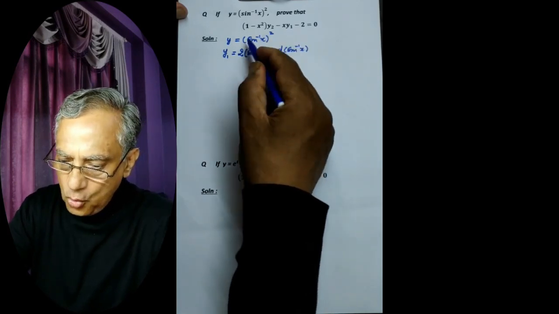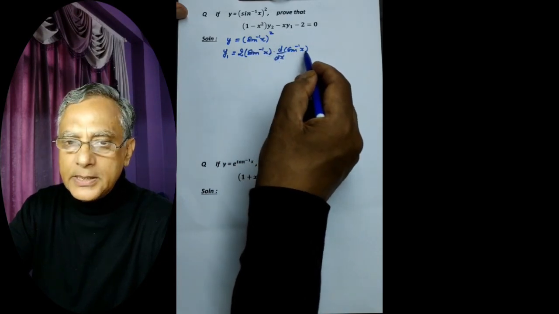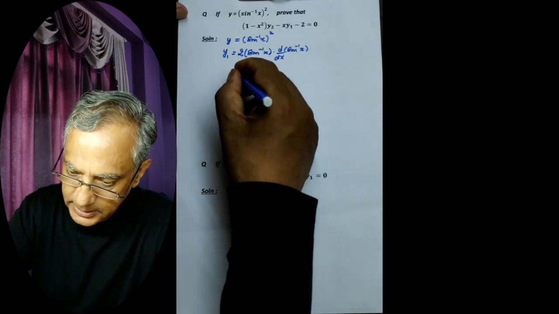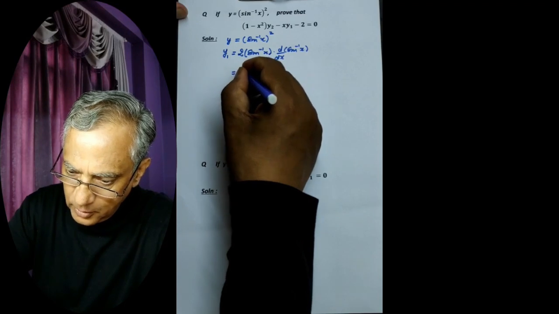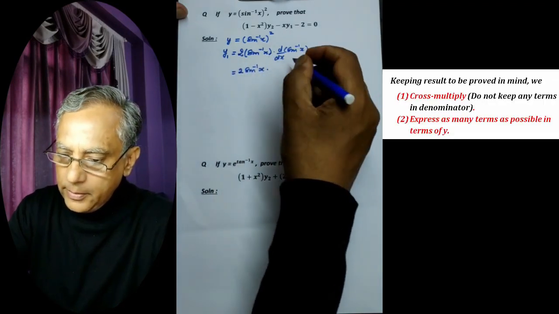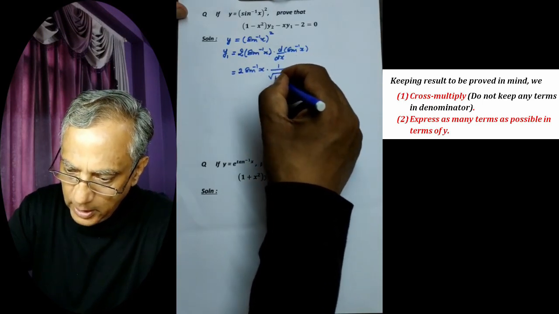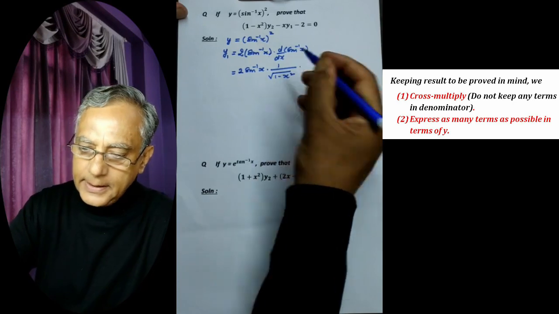Differential of this is 2 sine inverse x into d by dx of inner function, that is sine inverse x. So this is equal to 2 sine inverse x into 1 over under the root 1 minus x square.